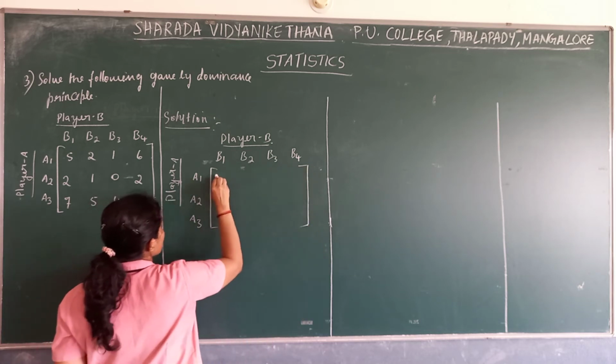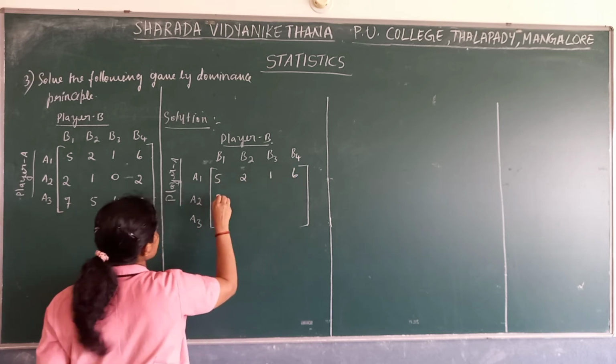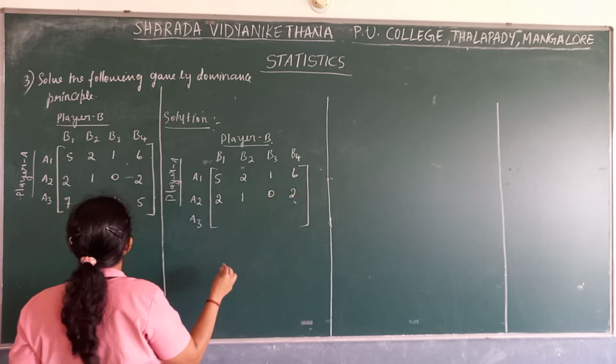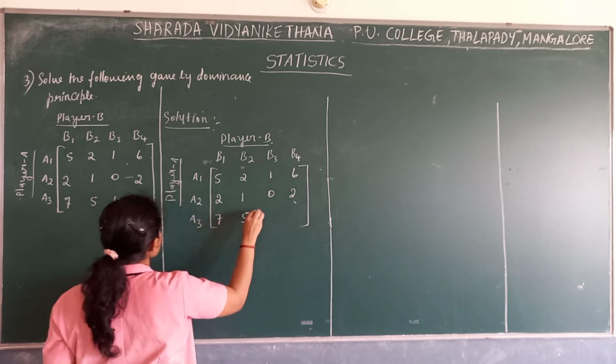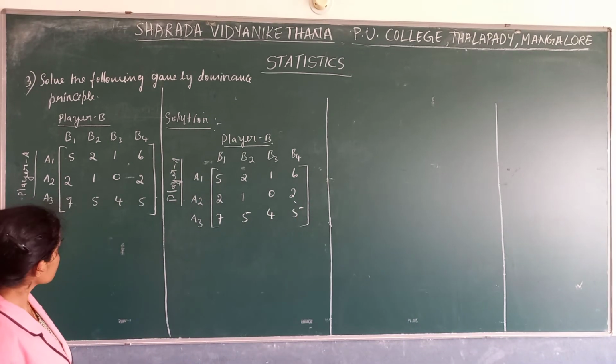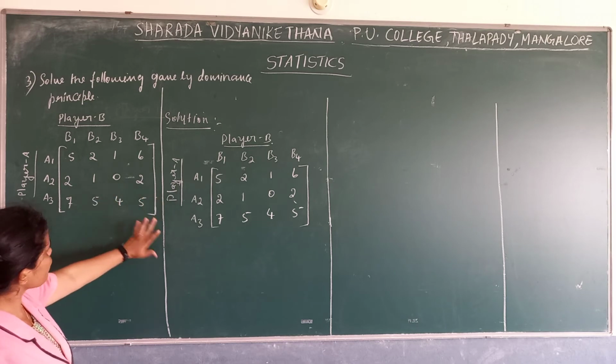Now 5, 2, 1, 6, here 2, 1, 0, 2, then 7, 5, 4 and 5.